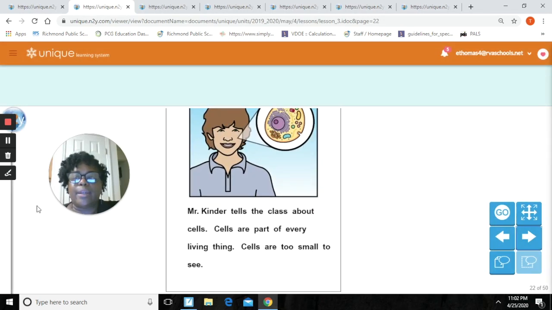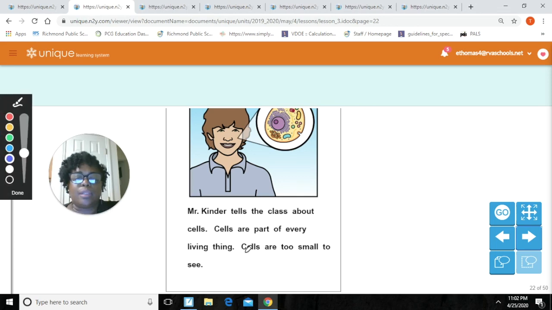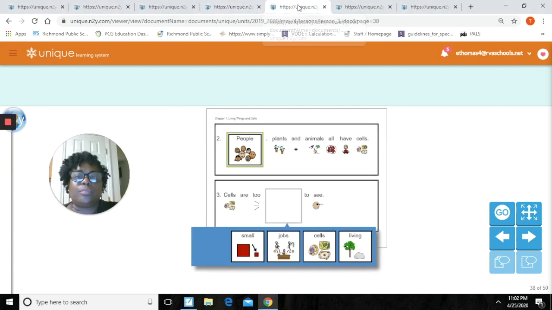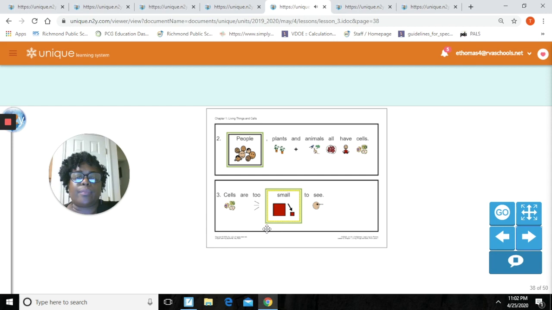It says right here that cells are too small to see, right? Small. They are too small to see. All right.